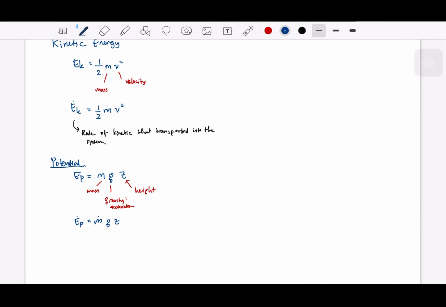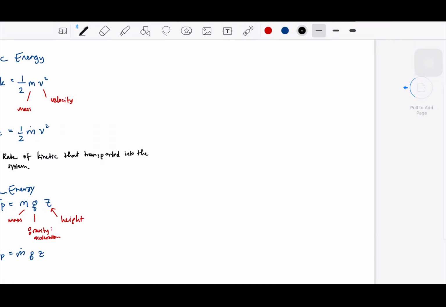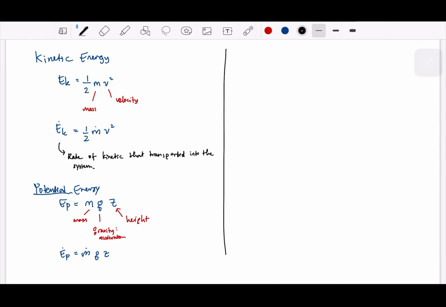Okay, now from this kinetic and potential energy, we are going to take this into our balance equations. So, energy balance on closed systems.